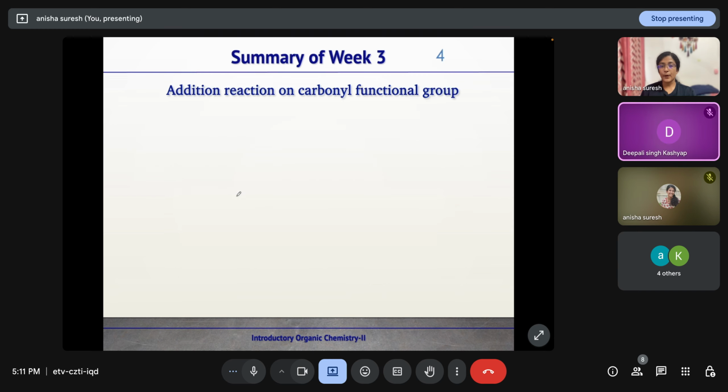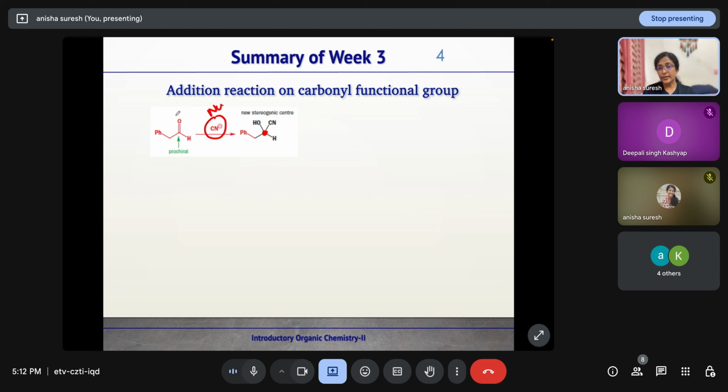Yes, ma'am. Okay. Now coming to addition reaction on carbonyl functional group. So we have seen that cyanide, CN minus, which is a nucleophile, can add on to the carbonyl carbon, resulting in the formation of a product which is tetrahedral. And you can see that here the newly formed center is a chiral center or a stereogenic center.